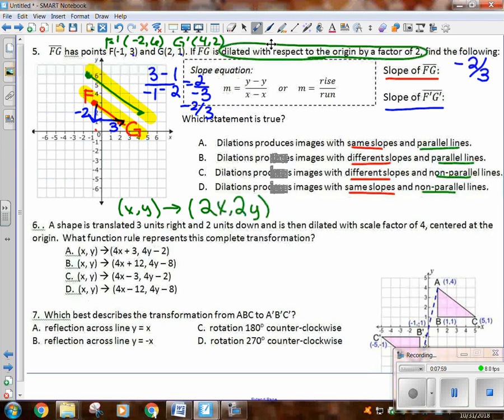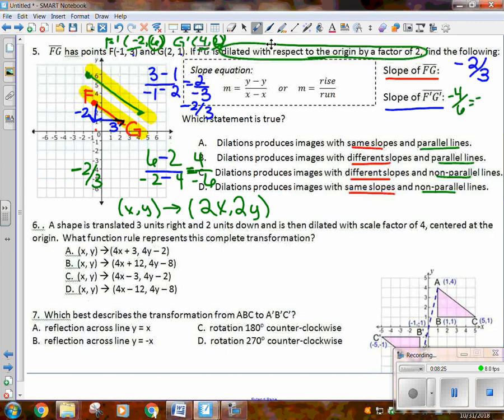If I calculate the slope of this line, I subtract two things top and bottom, y minus y. I'm grabbing 6 and 2 over -2 and 4. I'm getting 4 over -6. Bring the negative up; 4 over 6 does reduce to 2/3, so -4 over 6 reduces to -2/3.